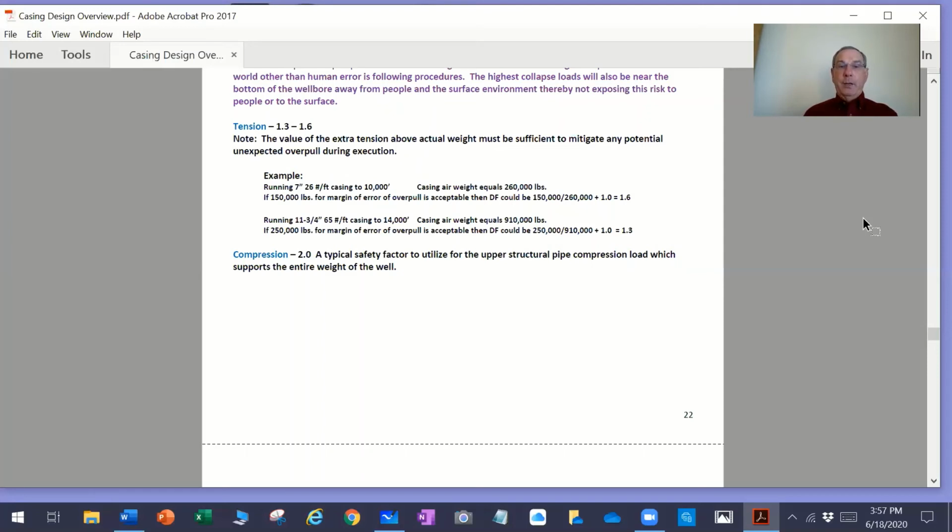So let's look at a couple of examples. Let's say we run in 7-inch, 26-pound casing to 10,000 feet. The air weight of that casing would be 260,000 pounds.